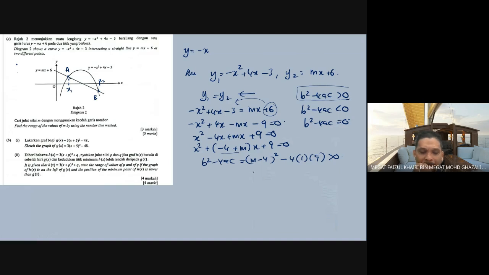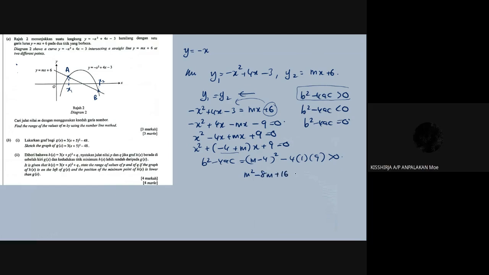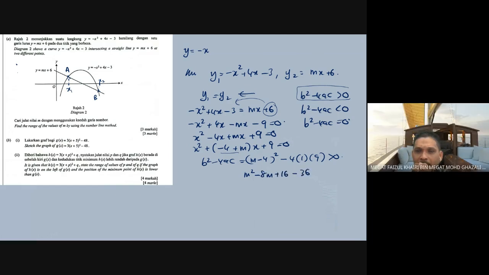So now, for this, n squared minus 8n plus 16 minus 36 is greater than 0. So then n squared minus 8n, 16 minus 36 is minus 20, greater than 0 here.